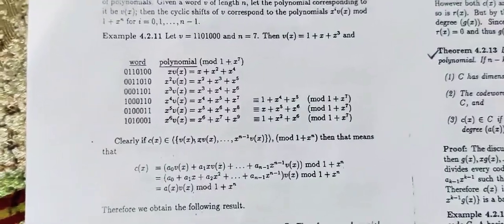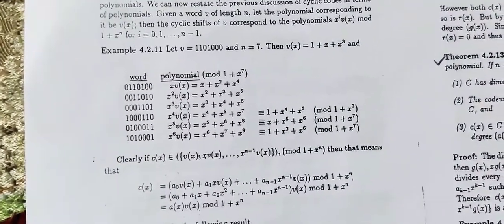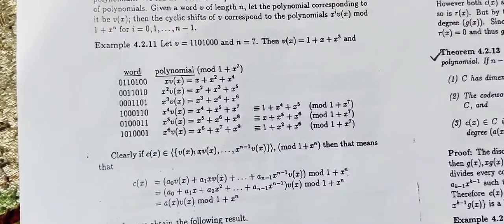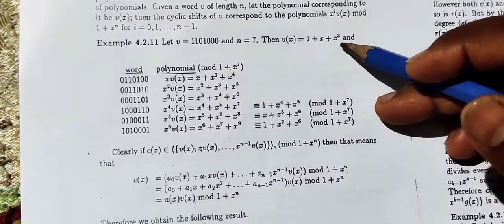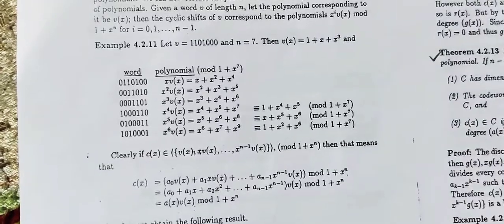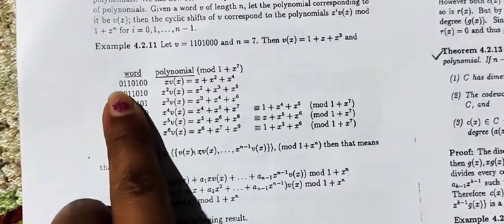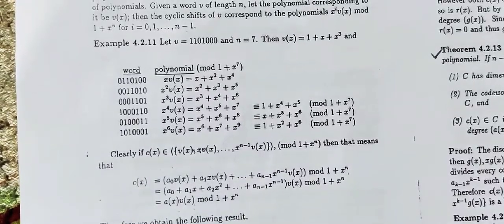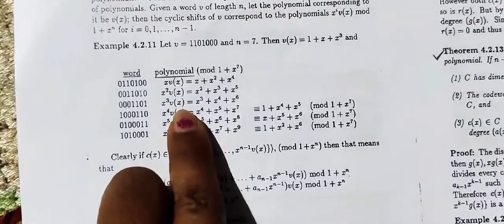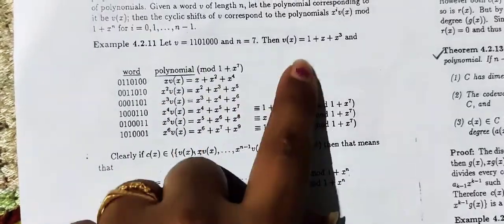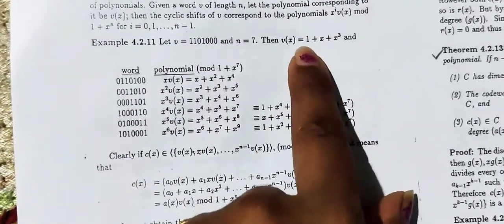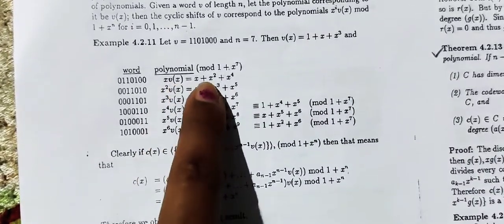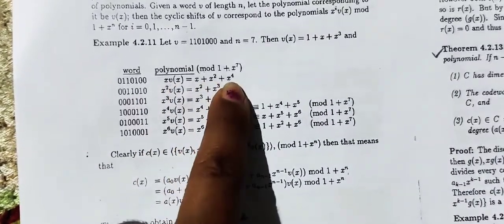So the next example: V is equal to 1 1 0 1 0 0 0 and n is equal to 7, and V of x is equal to 1 plus x cube. Then x times V of x is what? x plus x square plus x raised to 4.